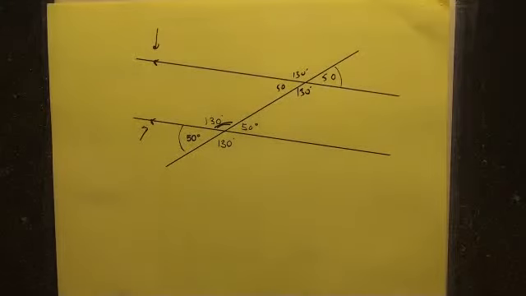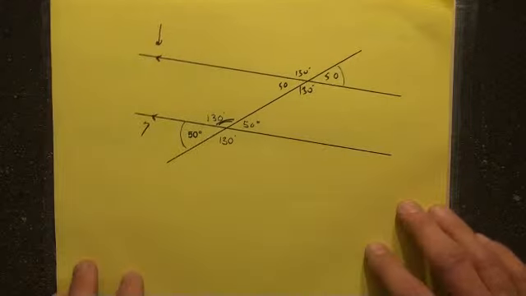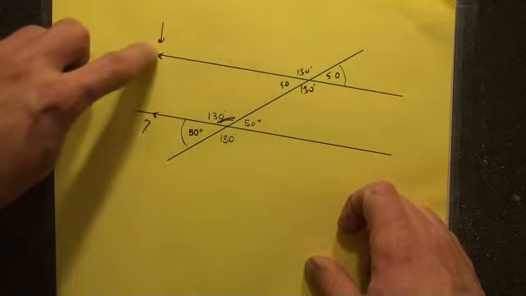Take a look at any 2 angles in this diagram. Any 2 angles are either going to be congruent or supplementary depending upon the position. And that's going to happen whenever the lines are parallel.